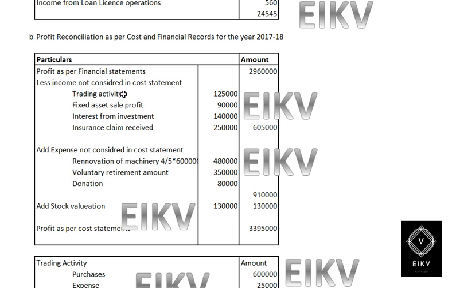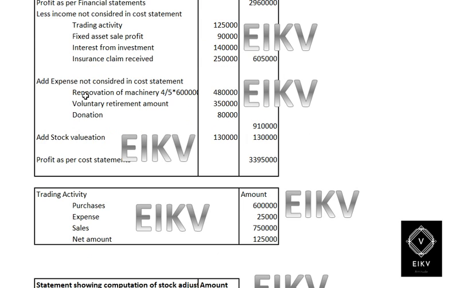Such incomes are profit from trading activity, then profit arrived from sales of fixed asset, then interest income, then insurance claim. So such incomes reflect in financial statement but will not form part of cost statement. That's why they have been deducted from the financial profit to arrive at costing profit.